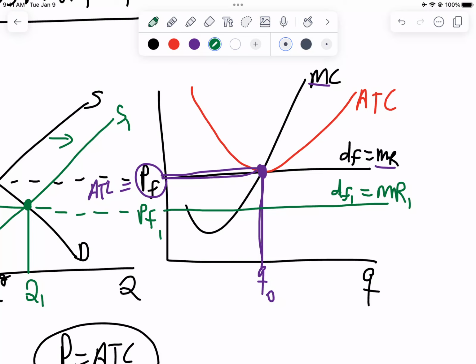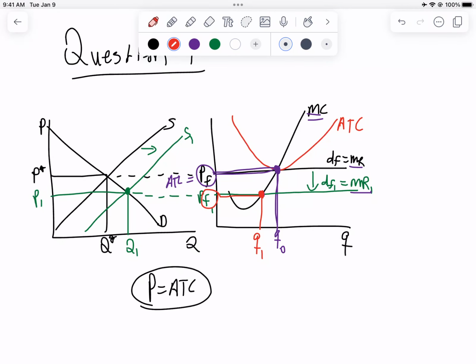What happened here was just the price goes down, and nothing else changes. But what happened to the profit max quantity? The profit max quantity would be MR equals MC, which happens right there. So this is my new quantity, and this is my new price. This is what I'm looking for when I'm talking about draw the change in the market.